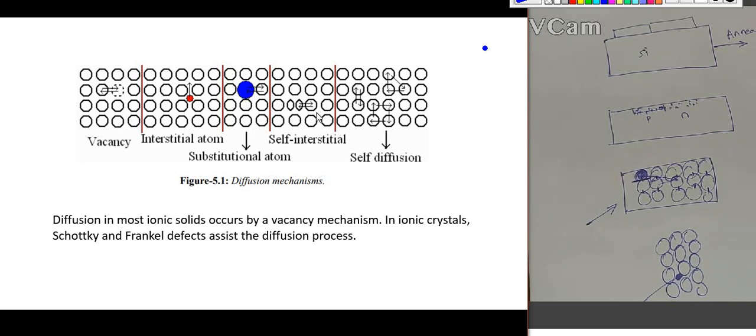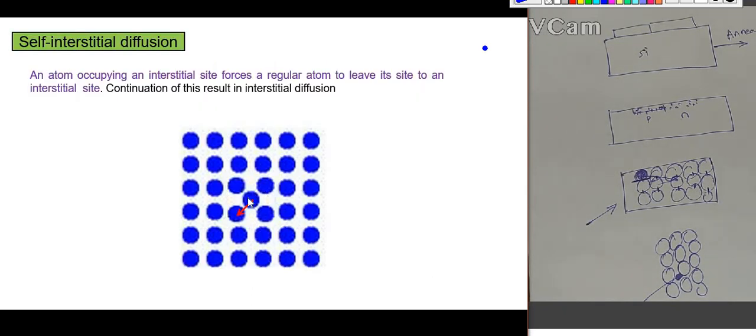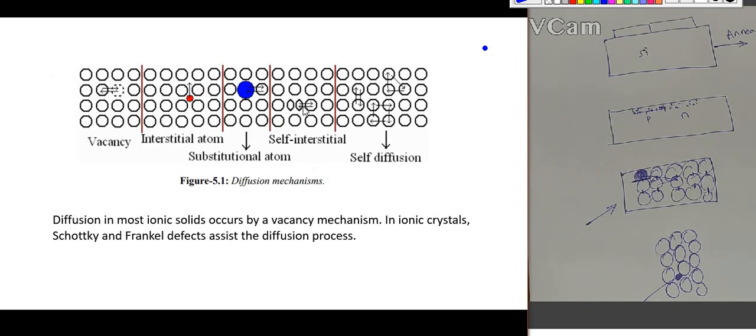In the case of self-interstitial diffusion, one atom moves into the interstitial position. And in self-diffusion, by a ring formation or a triangle formation, they just exchange their positions. So all these are the different mechanisms of diffusion.